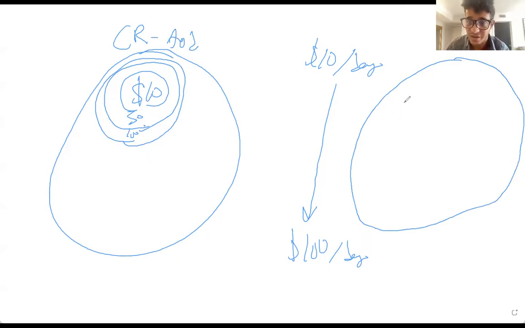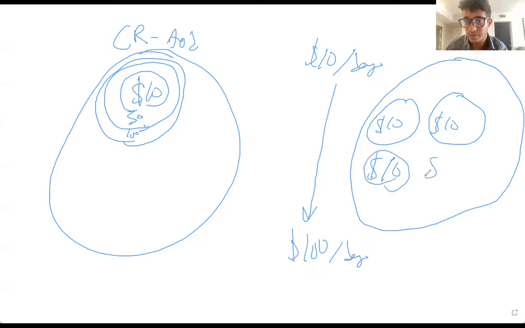In comparison over here, you have $10 a day, and you make another one for $10 a day. You make another one for $10 a day. You make another one for $10 a day. Pretty much just duplicating the actual ad set rather than increasing the budget at the ad set level.